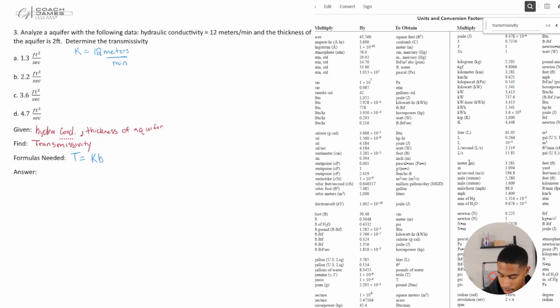So I'm just going to say 1 meter is equal to, I'm going to use this one, 3.281 feet. Cool. And then we got our units in feet, but we need it in feet per second, right?